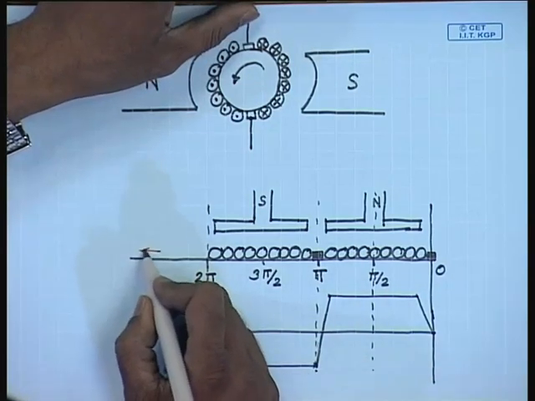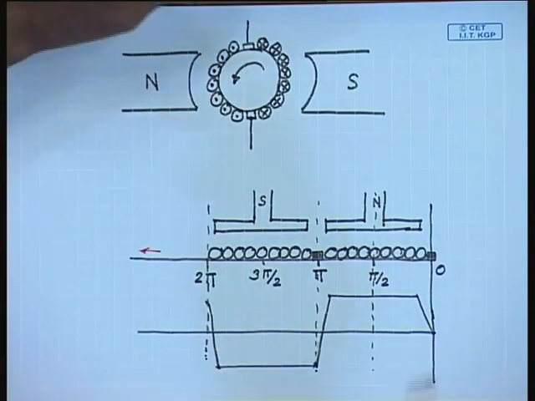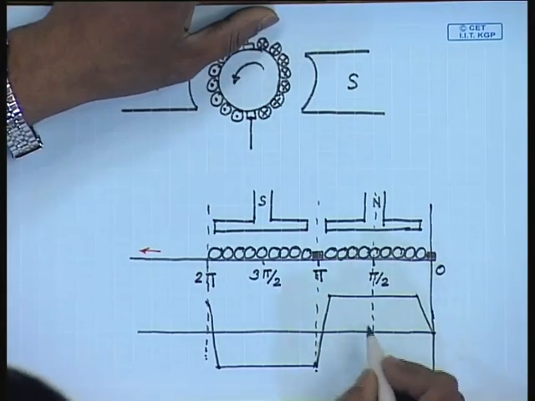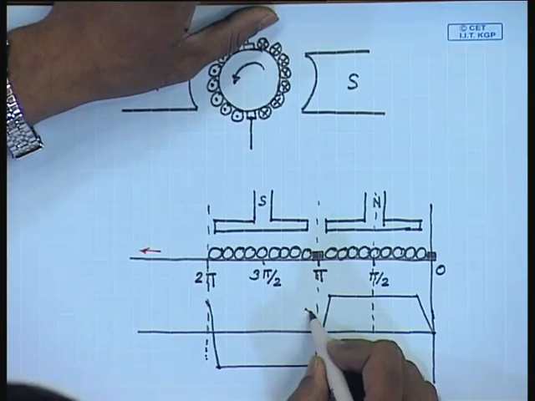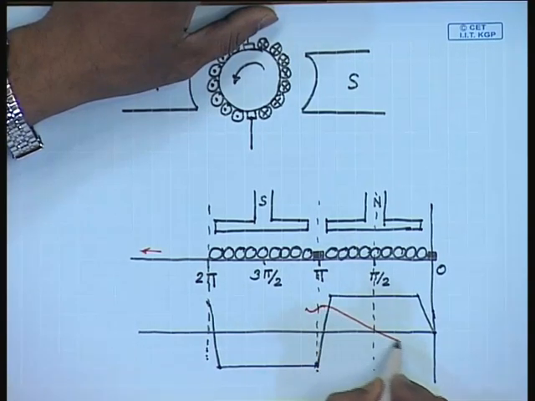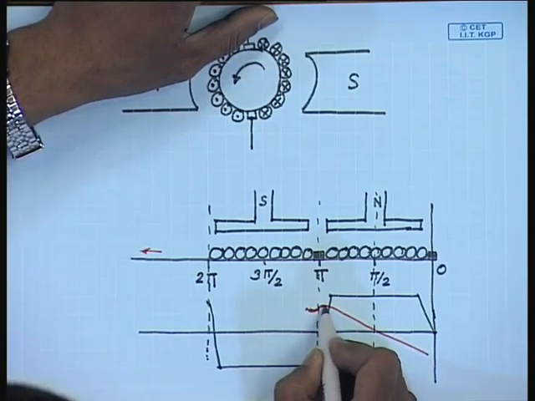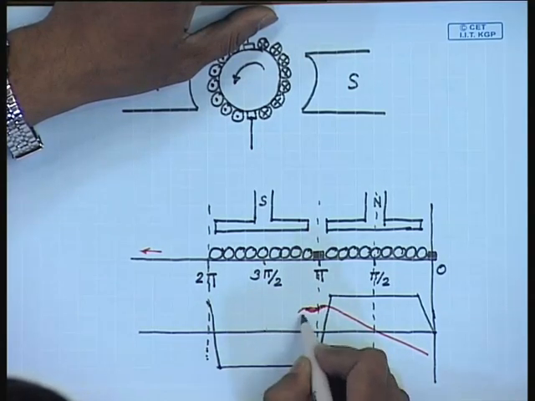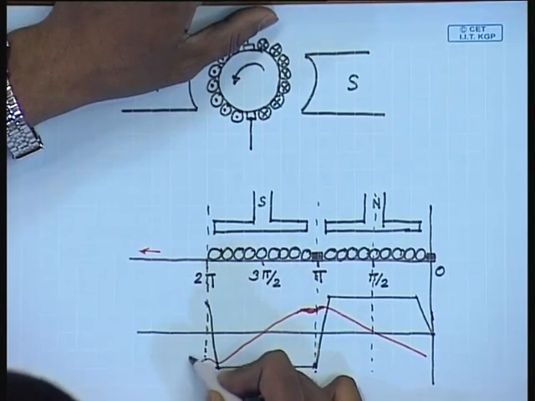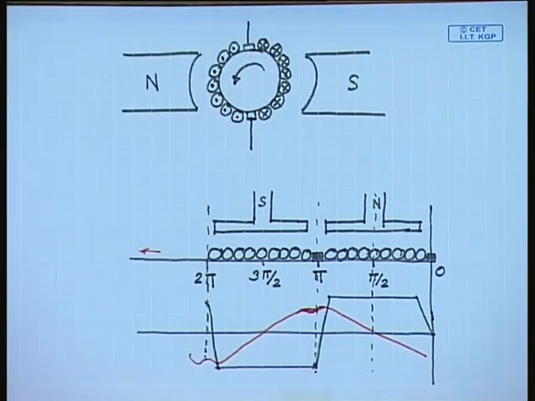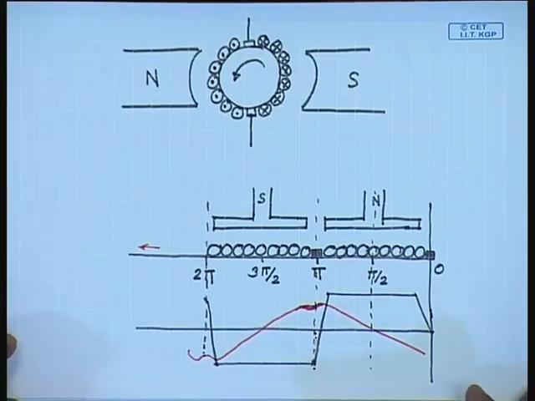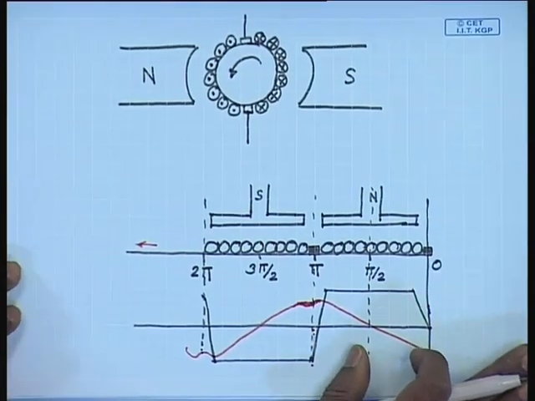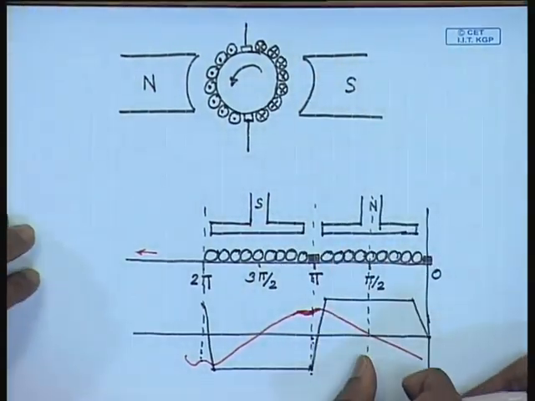Machine is moving in this direction. So, it produces a residual flux density at the brush position, which induces a voltage in the coil undergoing commutation and creates problem with commutation. We will see what kind of problem may arise.